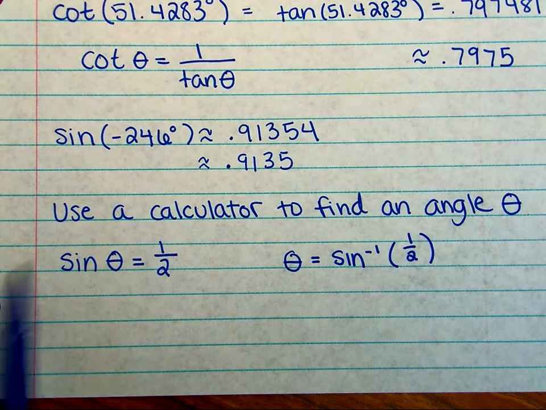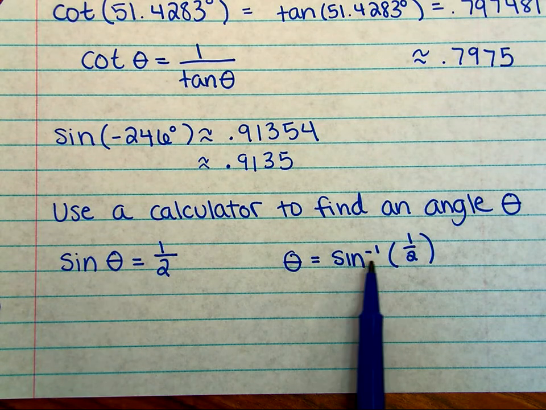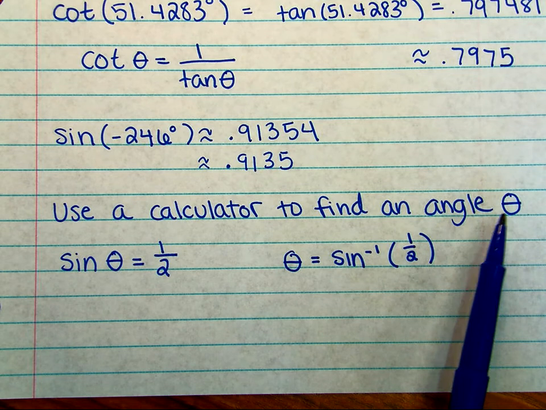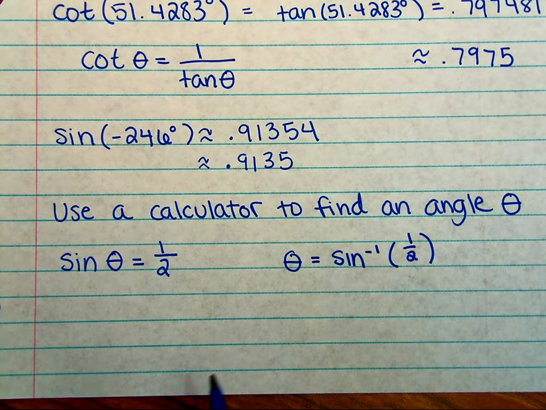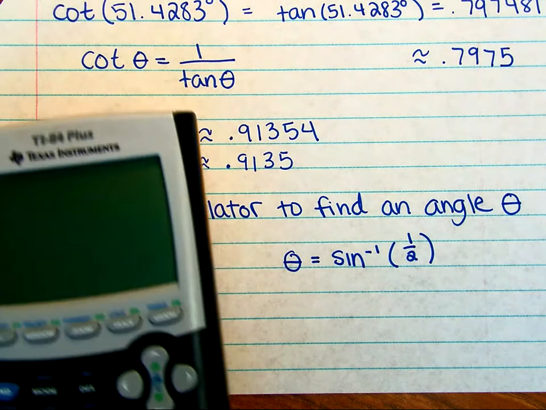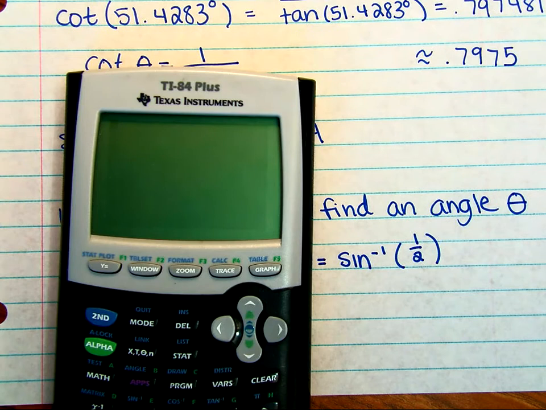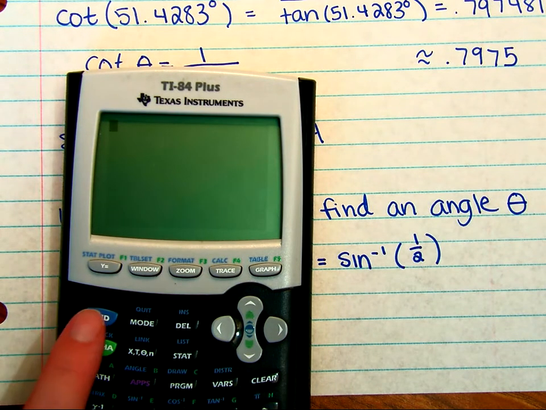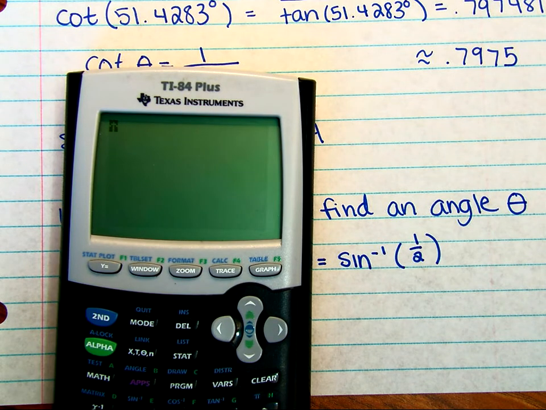So when you are trying to find theta, you need to be thinking inverse. Same when you're trying to find any angle. And this is a common mistake people make. So those inverse buttons are for finding angles. So now I'm going to go back to my calculator. Okay. And I need to find inverse sine. So you're going to hit second and then the sine button.